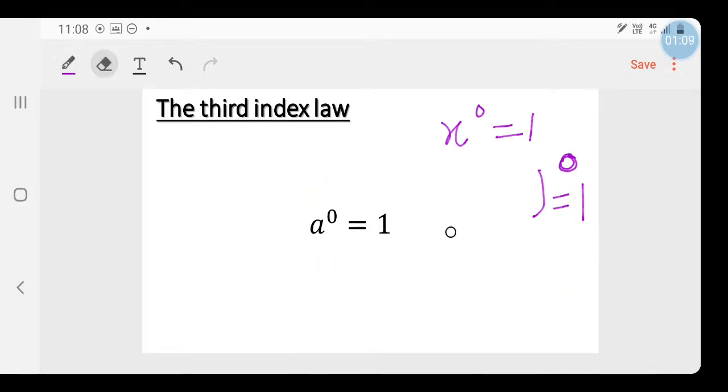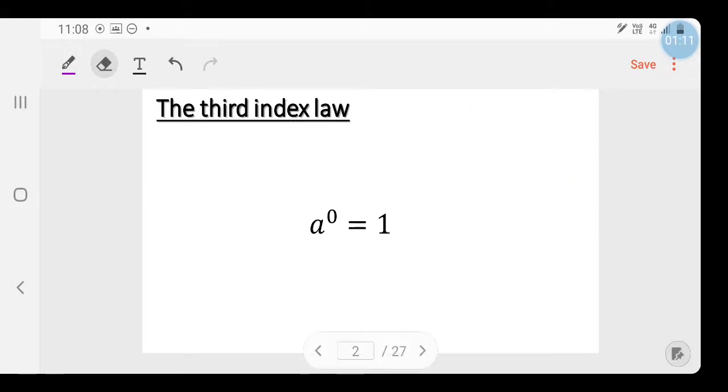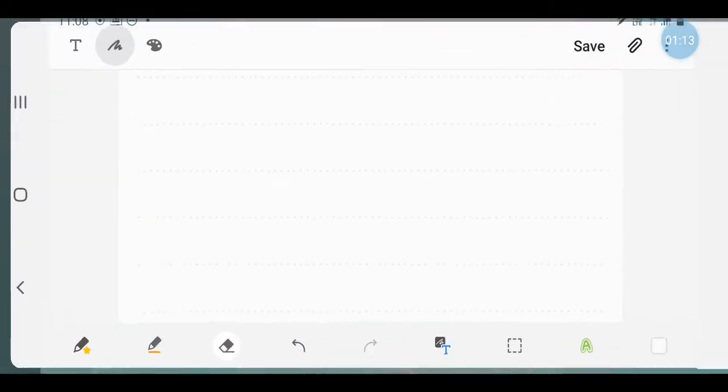Now, why might that be the case? Well, let me try and explain. Let's just say you have something like 2 divided by 2. Well, you would say, how many 2s go into 2? Well, 1. So you've always known that that equals 1.